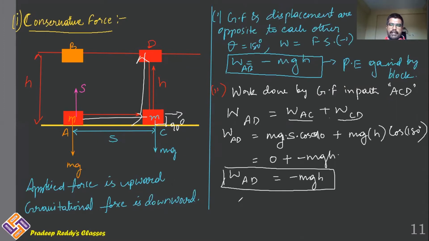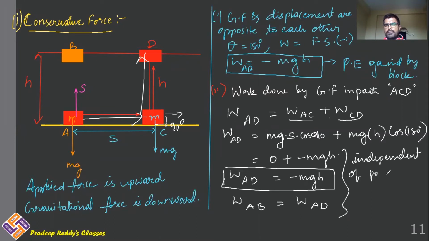So clearly you can write work done from A to B is equal to work done from A to D. Whatever work is done in order to lift it from position A to B, the same work is done in order to lift this object from A to D also. Therefore, this type of force is independent of the path followed.